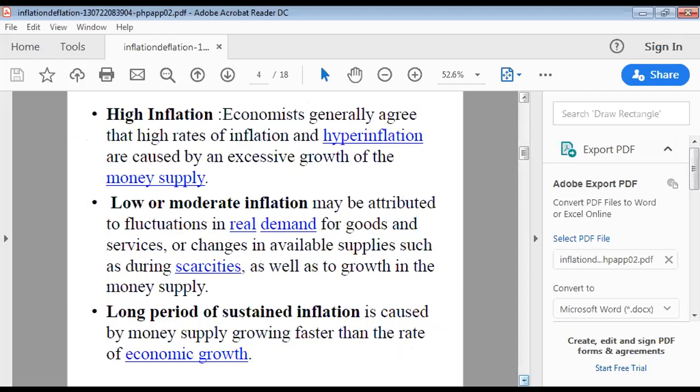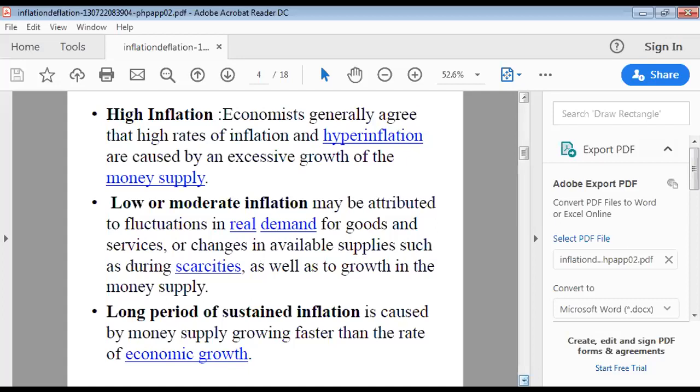High inflation. Economists generally agree that high rates of inflation and hyperinflation are caused by excessive growth of the money supply. That is, where there is so much money in circulation, more than the available quantities of goods that they can buy. Low or moderate inflation may be attributed to fluctuations in real demand for goods and services, or changes in available supplies, such as during scarcities, as well as to growth in the money supply.